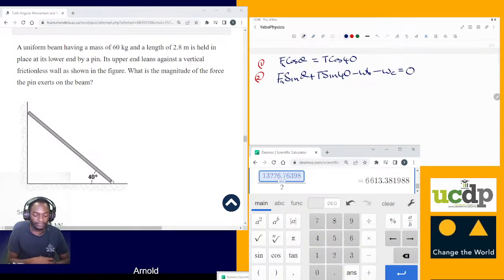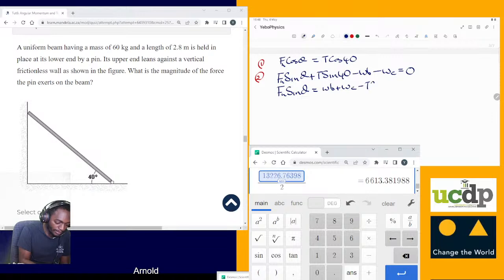All right, so this can simplify to Fh sine of theta being equal to weight of the bridge plus weight of the car minus T sine 40. So basically this is just making it the subject of the formula that we have just performed there.